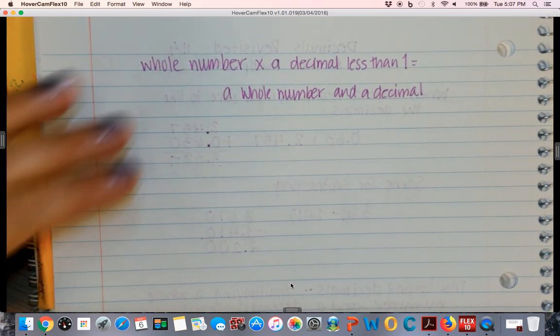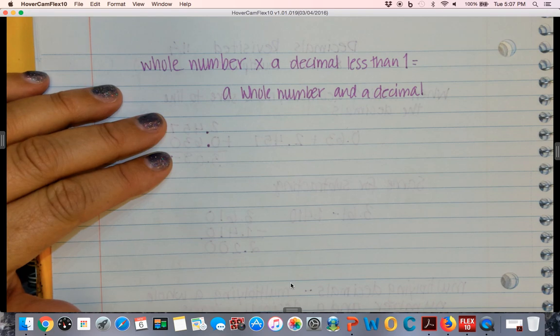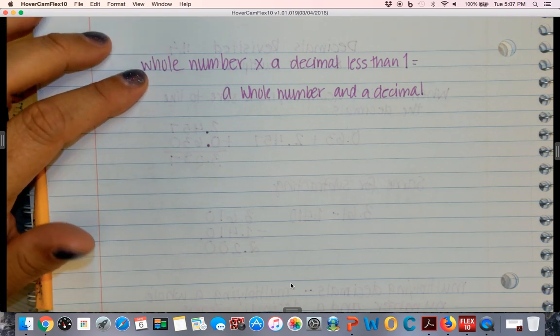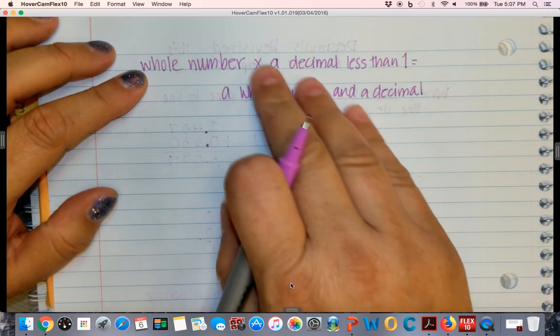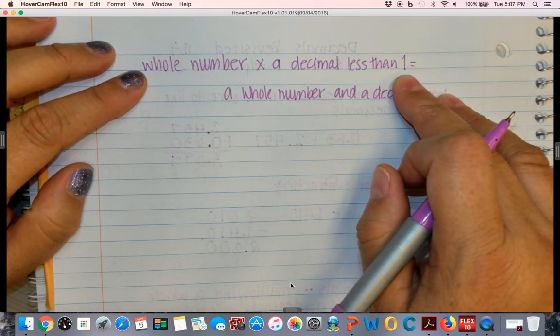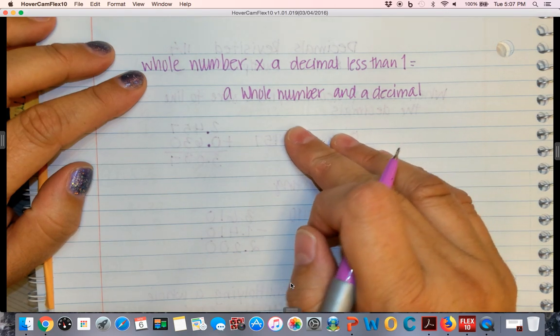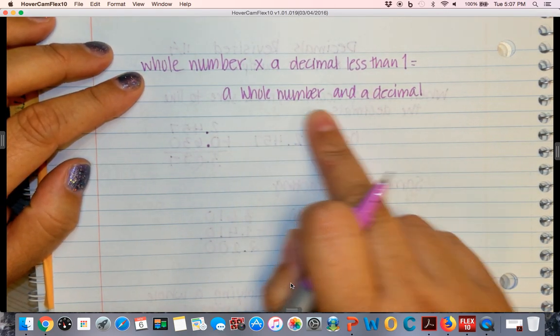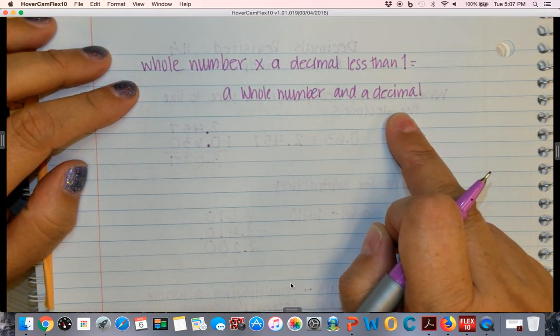So like we just did in our practice problem, we had a whole number, which was 3, and our decimal less than 1 was 4/10, and it gave us a whole number, which was 1, and a decimal, which was 2/10.